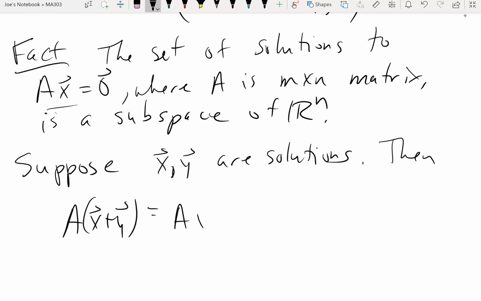Distribute it? And what are we assuming about x and y? They're solutions to this equation up here, right? So if they're solutions, what do each of these equal? 0.